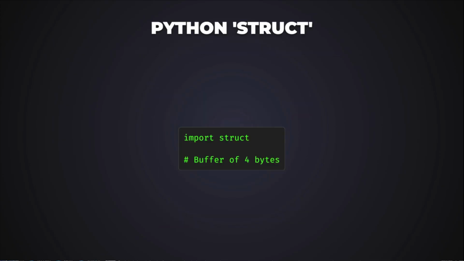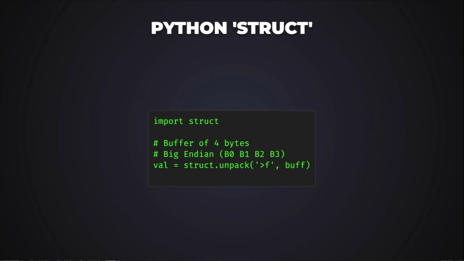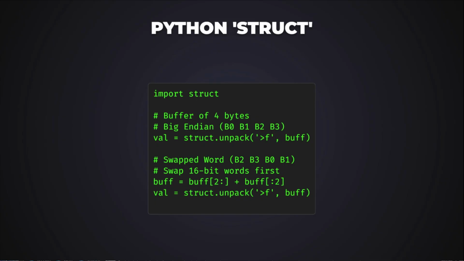Python's struct module provides a robust mechanism for handling these conversions efficiently. The format string dictates both the size and the Endianness. For the standard Big Endian, B0, B1, B2, B3, use the greater than symbol followed by f, like ">f". For the swapped word Big Endian, B2, B3, B0, B1, you must first rearrange the buffer bytes before applying ">f".